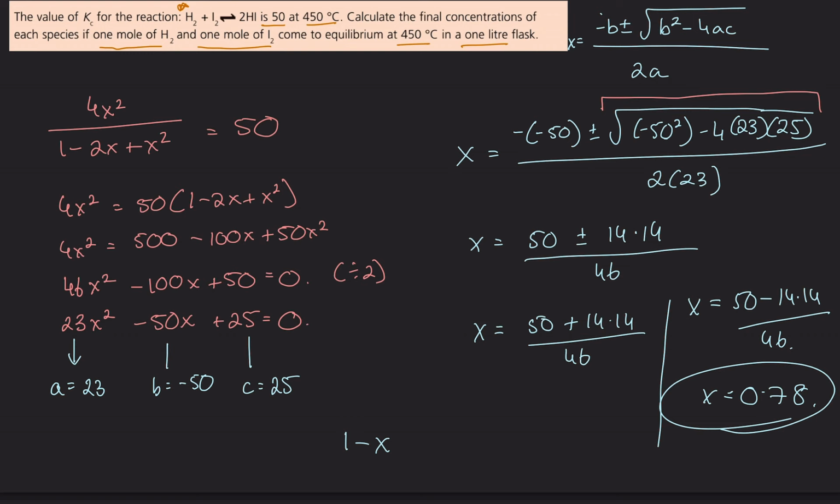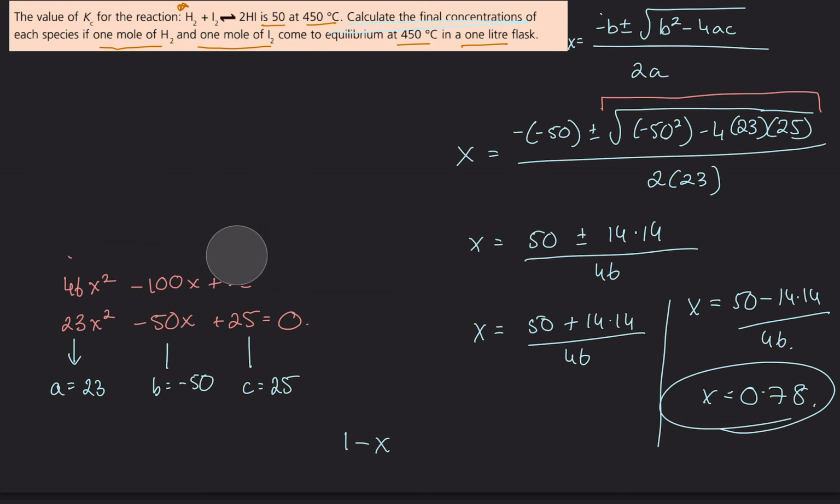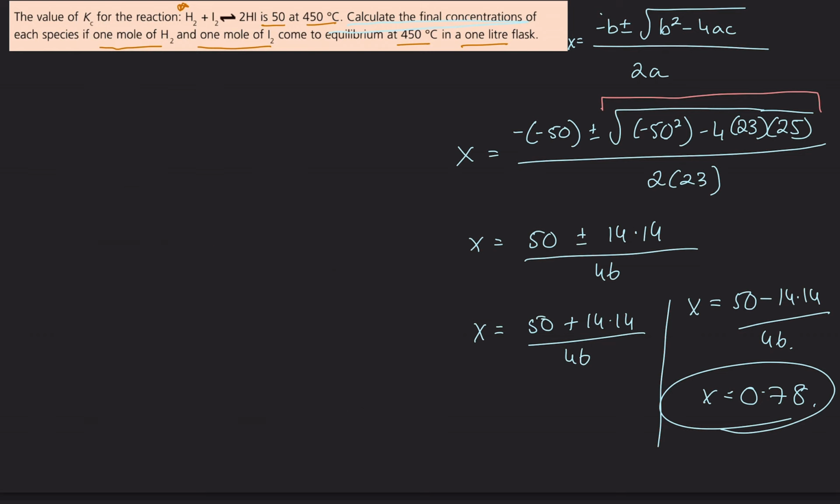Now we can calculate the final concentrations of each of the species that we have. Originally we had a rice chart. Let me just remind ourselves of what we wrote down for that. We wrote 1 minus x for the hydrogen, and so did iodine, H2 and I2.